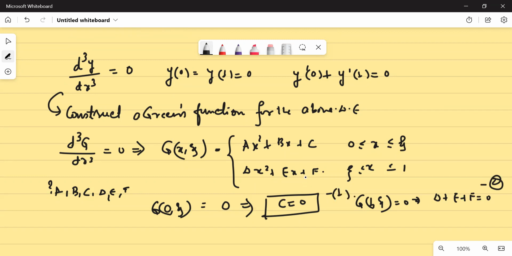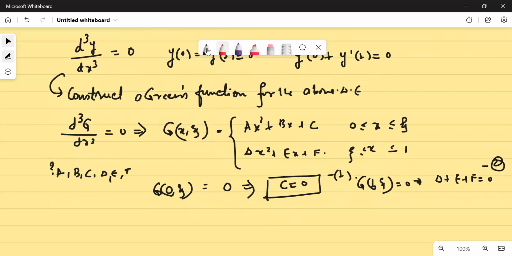Now, further, the other condition says that my y dash 0 and y dash 1 should be 0. So if I differentiate it, it will come out as 2ax plus b. Just give me a minute.